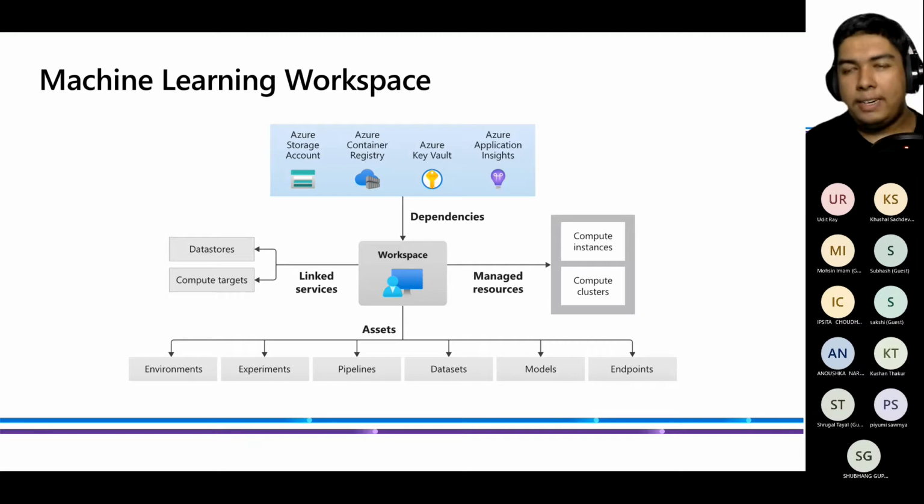Key vault is really important because there are a lot of services communicating with each other, and there has to be security, otherwise there can be a compromise. Key vault is a highly secure service provided by Azure that holds all your credentials and authentication details so that all the services can talk to each other within Azure.